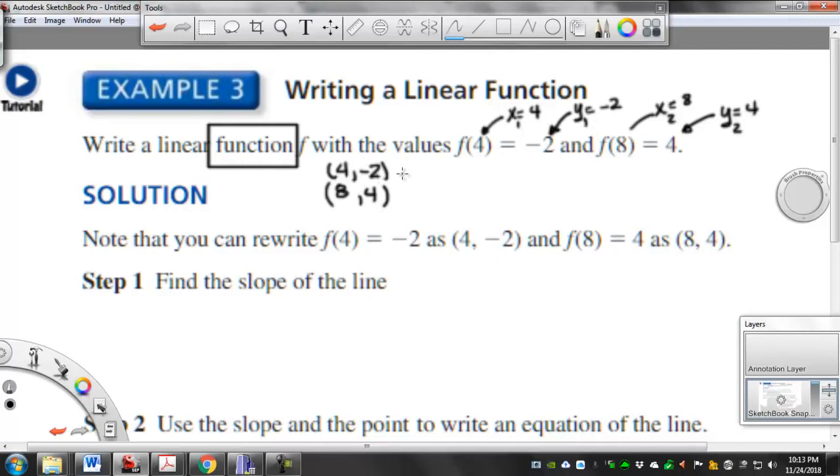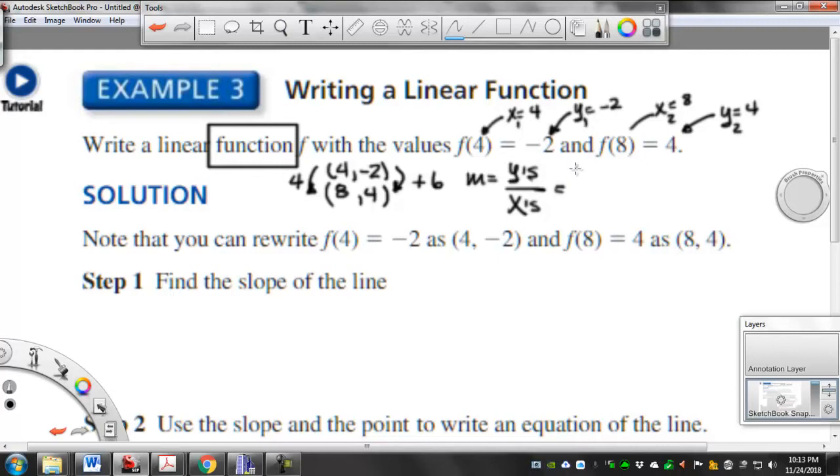If I start at a negative 2 and go up to 4, negative 2 to 0 is 2, and 0 to 4 is a total of 6. And then here I'm going from 4 to 8, which is 4. Now remember, my slope is the change of y's over the change of the x's, correct?